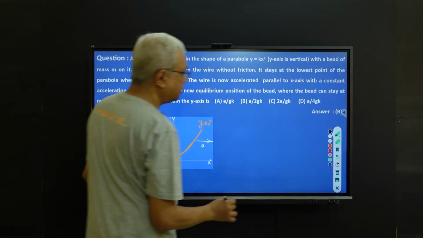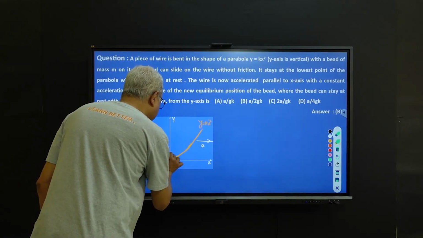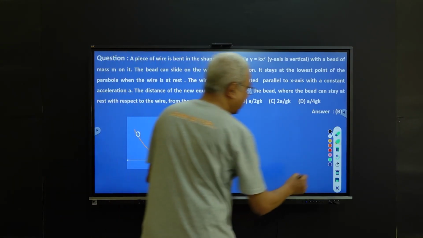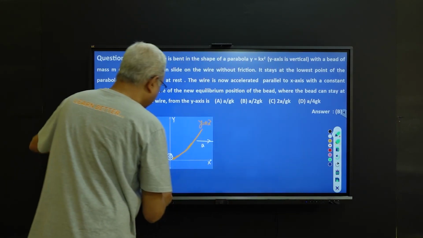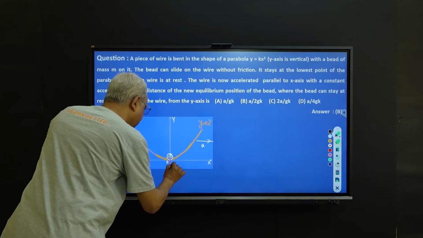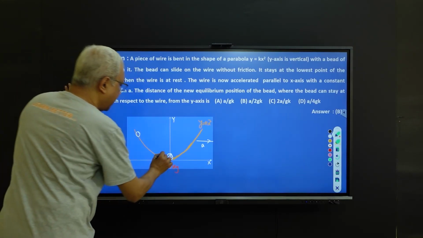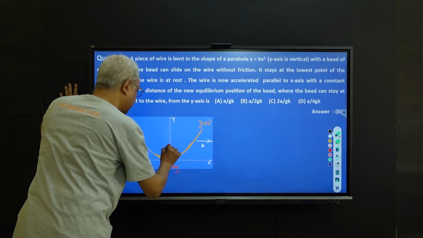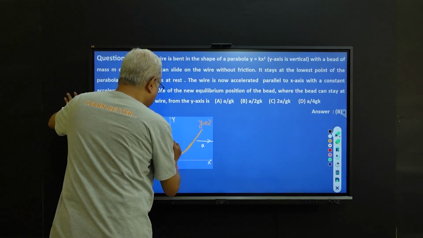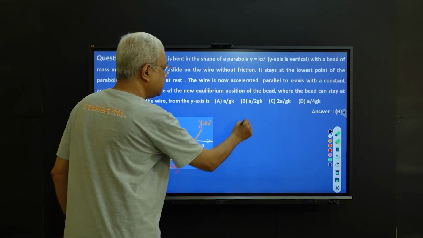This is the parabola, this is the bead, this is the origin. One force is vertically downward, which is mg, m being the mass of the bead, and there is a reaction force offered by the wire on the bead, called R. So in equilibrium, R is equal to mg.